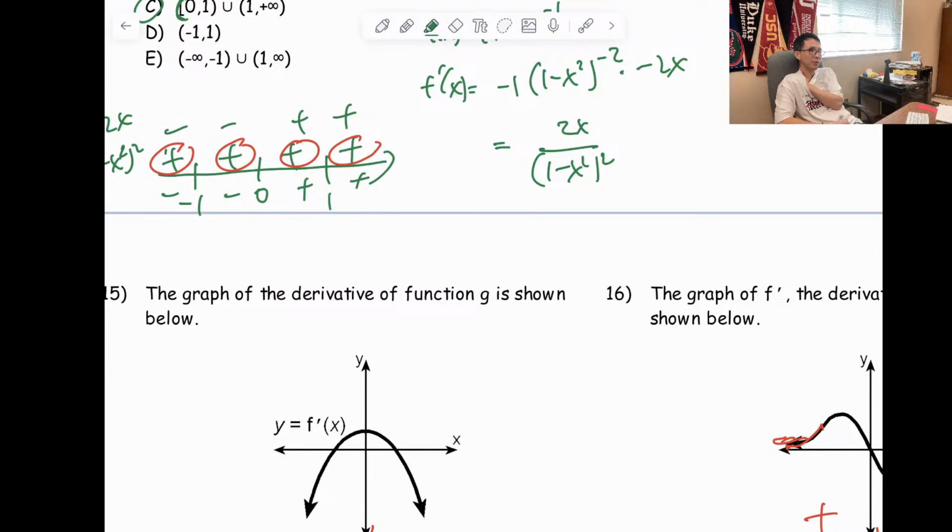Misha, did you figure out the answer for 15 and 16 with the number line test? The bottom one's hard. Negative.